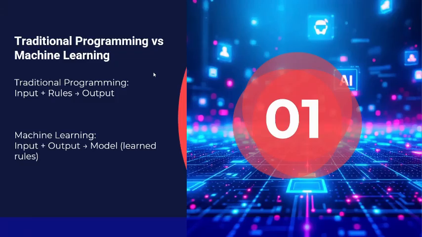But with the introduction of machine learning, the programming paradigm has changed a bit, whereby we have input, output, and then a model. In this case, these are learned rules, and these rules are learned with the help of data and algorithms. So we can see that with the introduction of machine learning, the programming has changed.